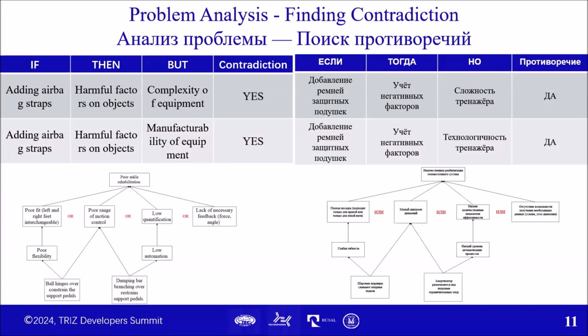Following the above analysis of the problem, we carried out further analysis and obtained a number of contradictions. For example, if adding airbag straps, then the factors harmful to the object are reduced, but the complexity of the equipment increases.